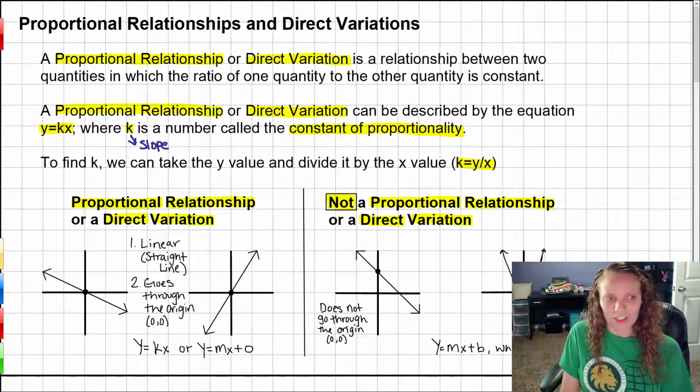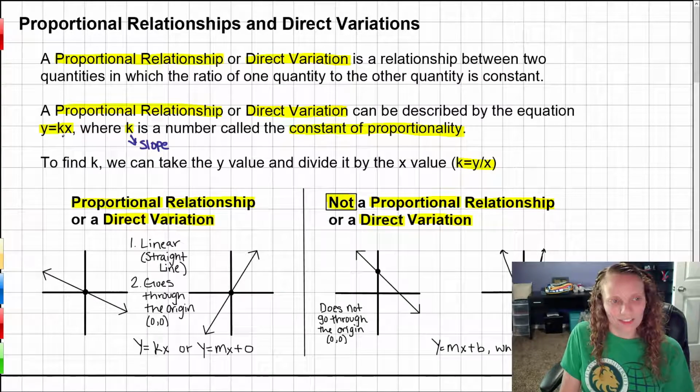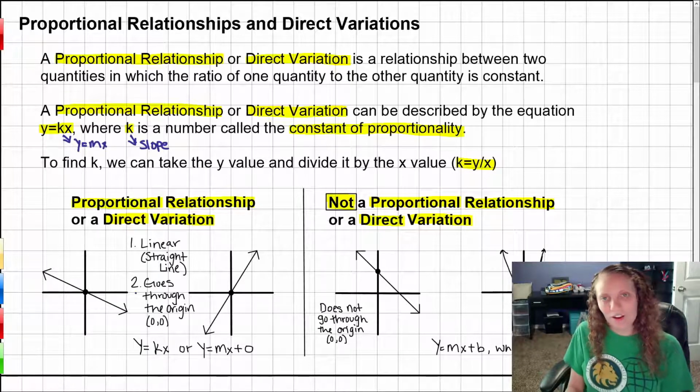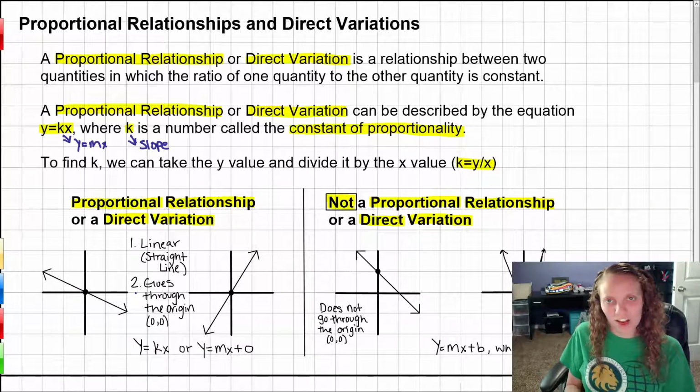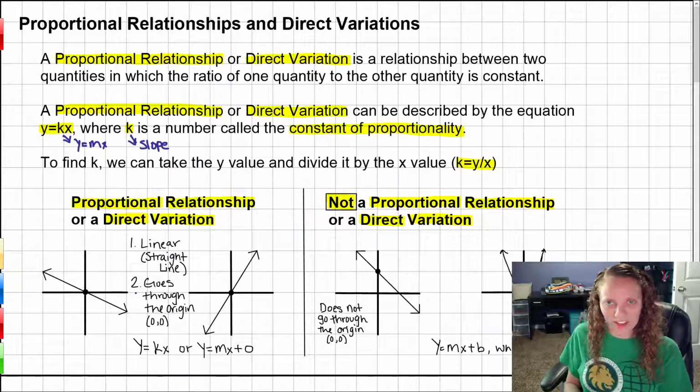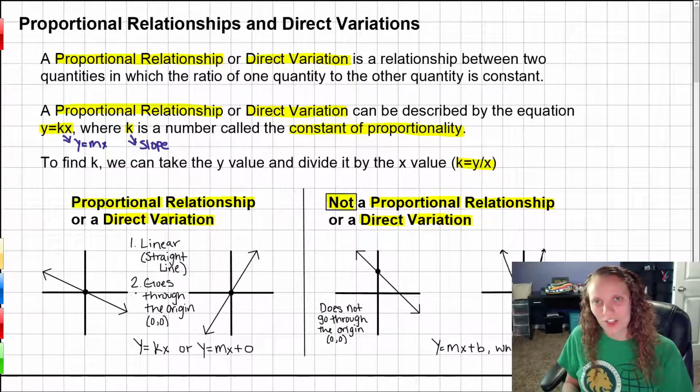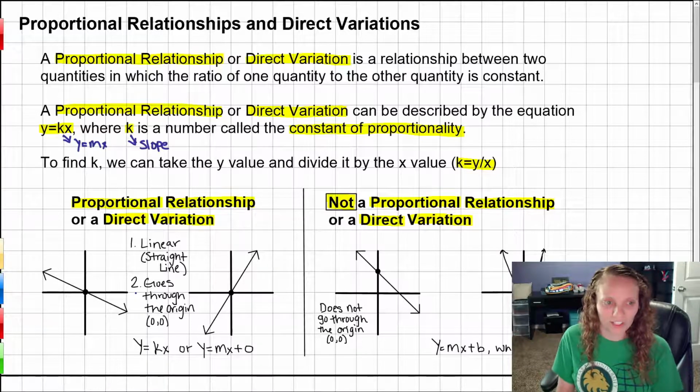So we have the equation y equals kx. You could also think of it as y equals mx. However you want to think of it, just know you could see questions on a test where it says y equals kx, and so I just wanted you to know that k is the same as slope or constant of proportionality.